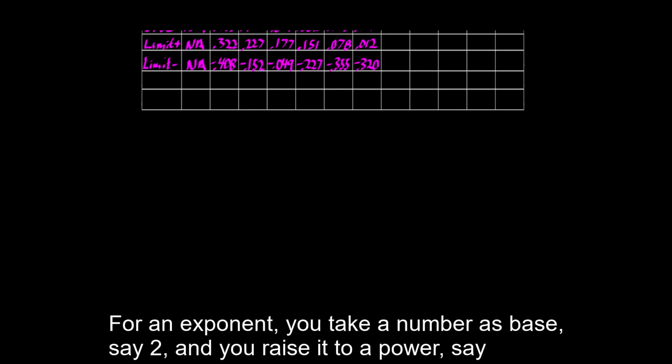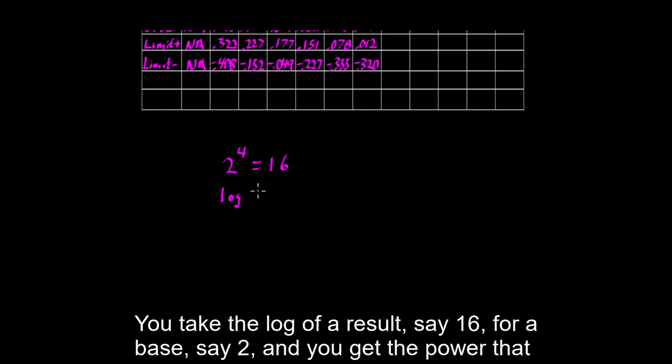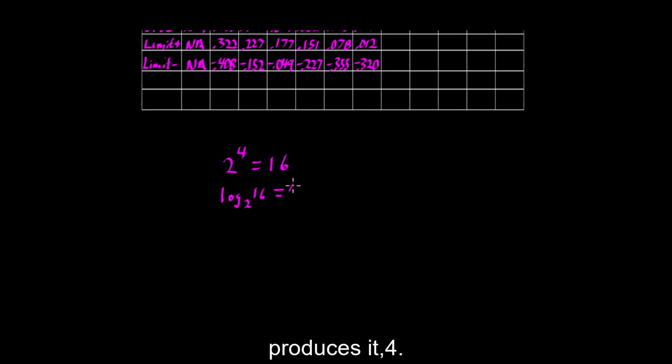For an exponent, you take a number as base, say 2, and you raise it to a power, say 4, to get a result that's 16. Logs do the reverse. You take the log of a result, say 16, for a base, say 2, and you get the power that produces it, 4.